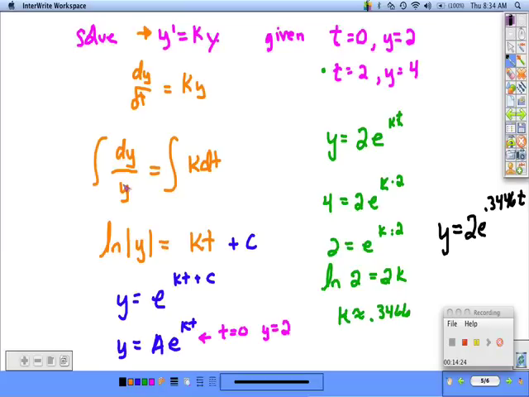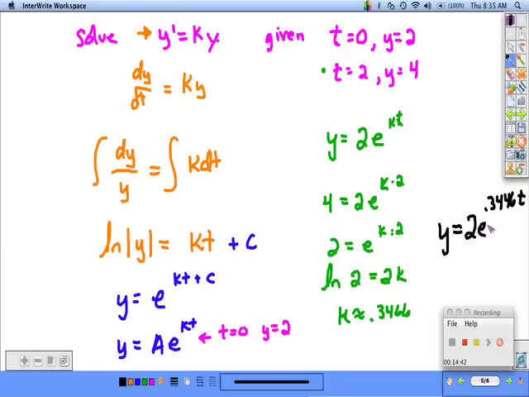This basic form up here that we started with is the basic form for exponential growth and decay. And this down here would be an exponential growth problem because the rate at which things are growing is positive.